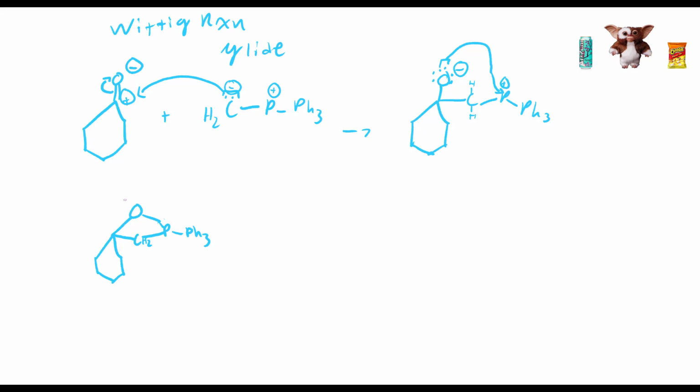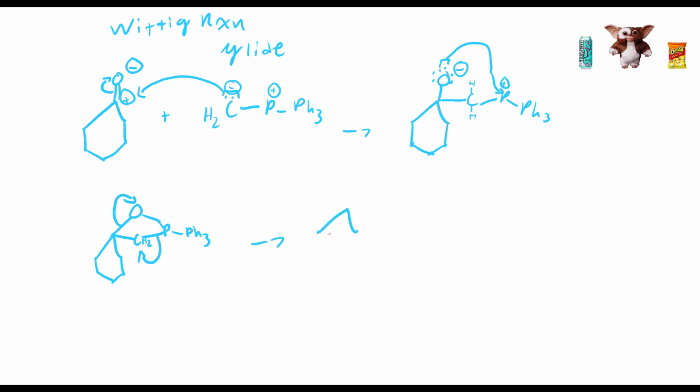Now what we can do here is that this oxygen can actually leave, right? It can actually leave the compound. So this one can break towards that oxygen, right? And then this bond can break towards the carbon, right?